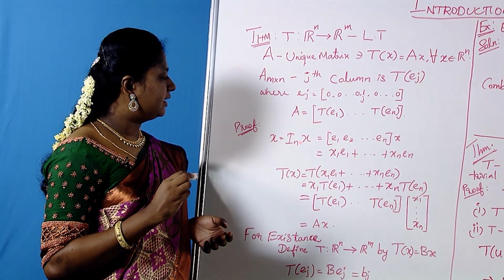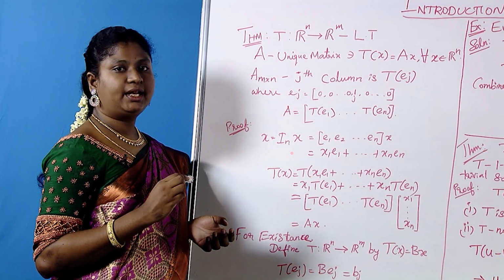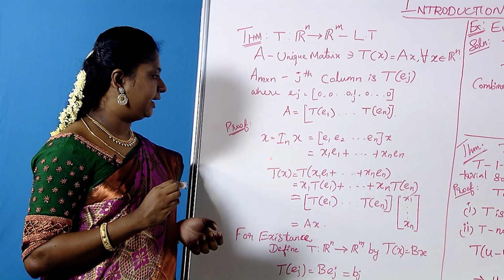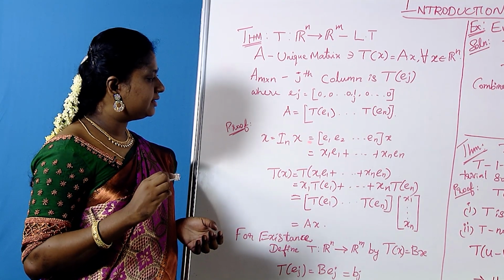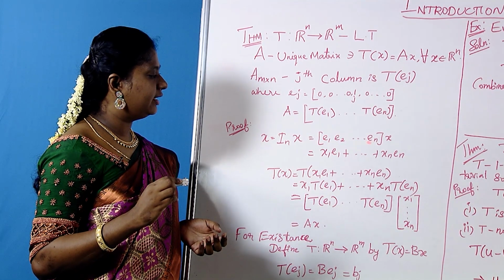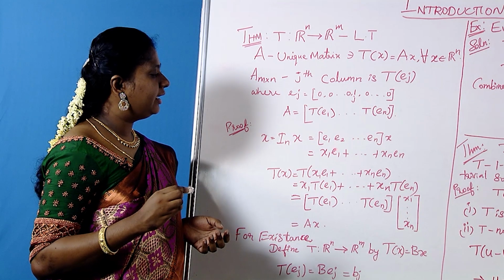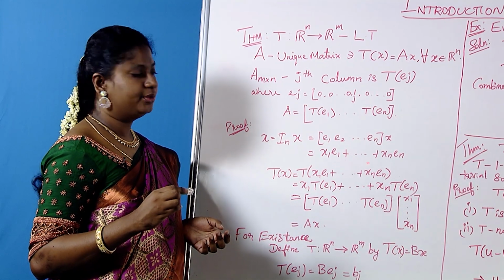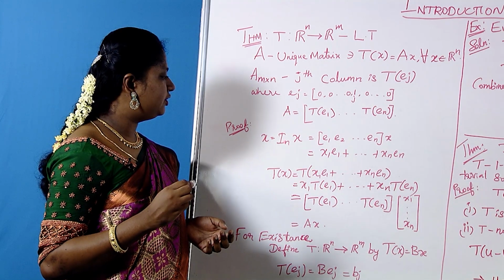You can write x as In x, where In is the identity matrix of order n by n. Now this In can be written as E1, E2, up to En, multiplied by x. You have x1 E1 plus x2 E2 plus up to xn En. So, this is your x.